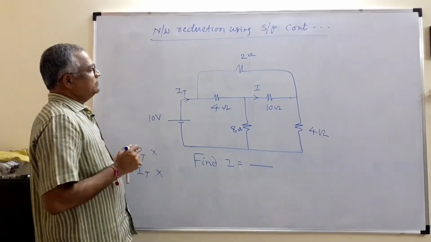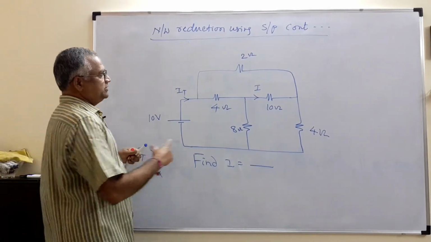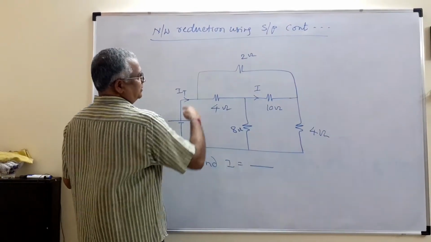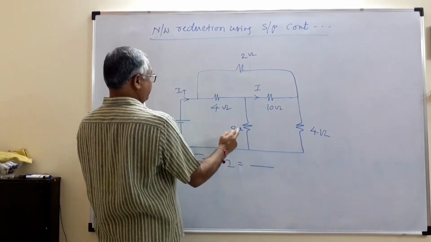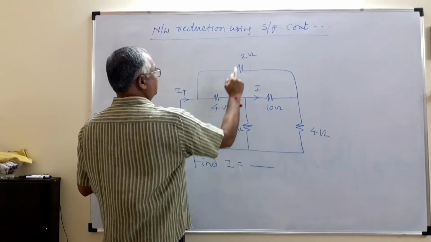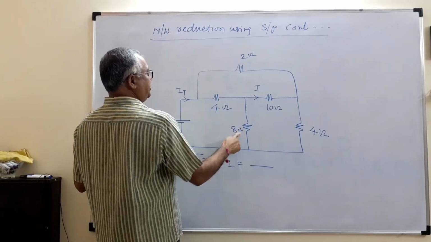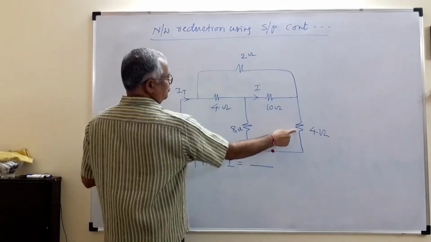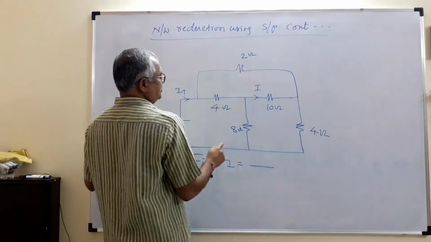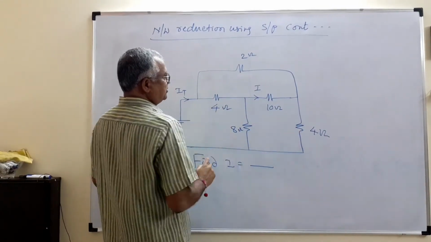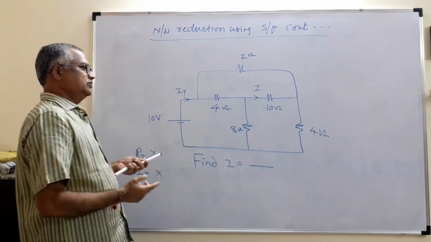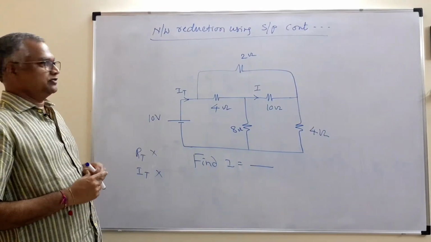But if you observe carefully, it is a bridge network. How many elements are there? 1, 2, 3, 4, 5. And 8 into 2 equals 4 into 4. What is 8 into 2? 16. 4 into 4, 16. It will form a bridge, not only a bridge, balanced.